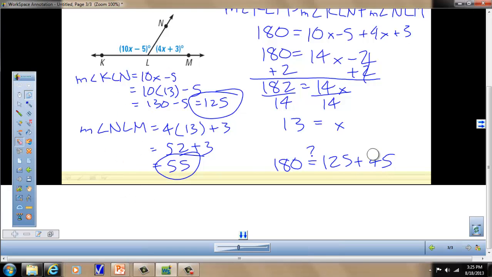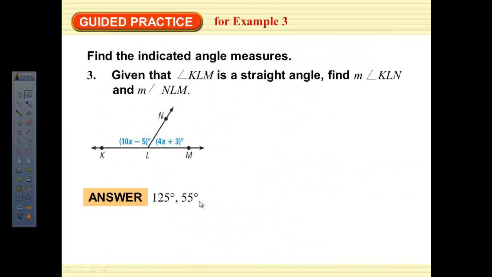And when I went back and checked it, I realized 4 times 13 is 52. So therefore, I got 55 here. So we're good. Okay, and let's see. So those are our answers.